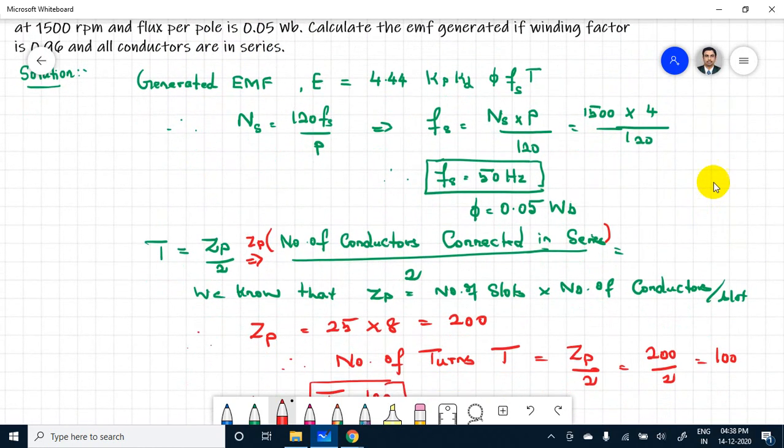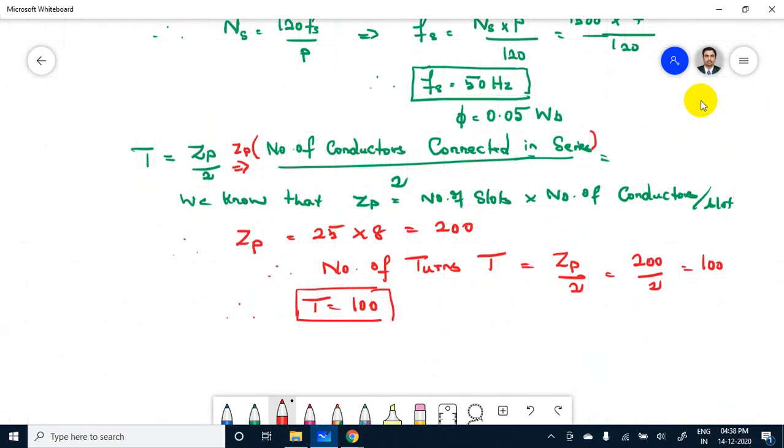Okay, so if they mention the series formula, because you know the structure of the winding, this is a structure. These two windings are connected in series. If the two windings are connected in series, what happened?